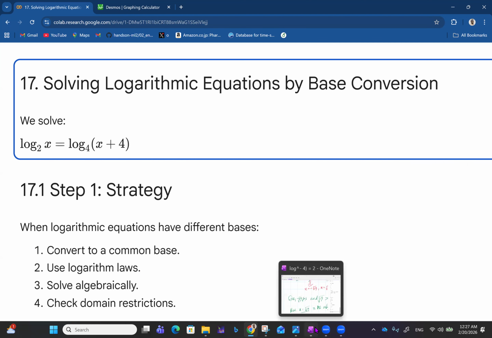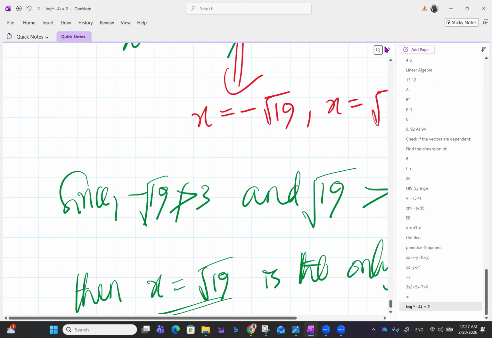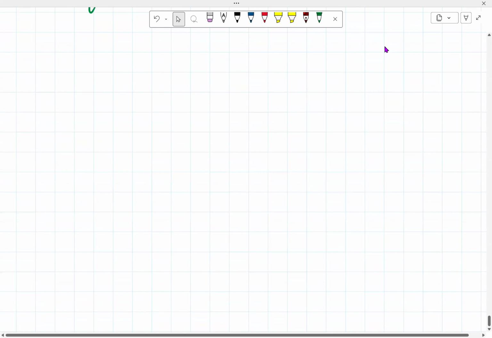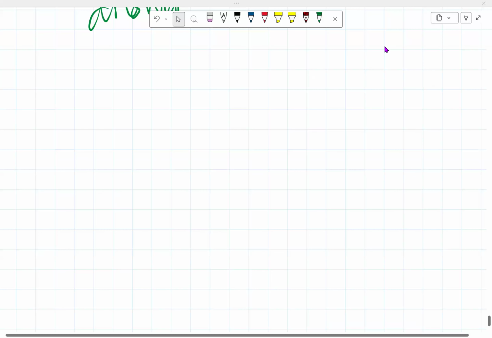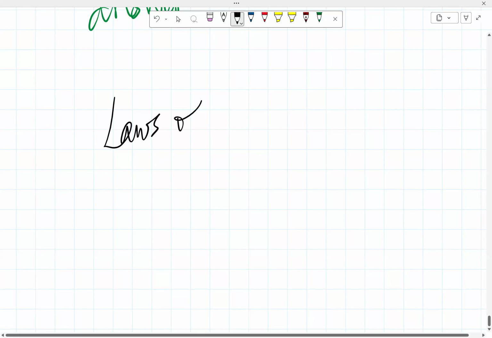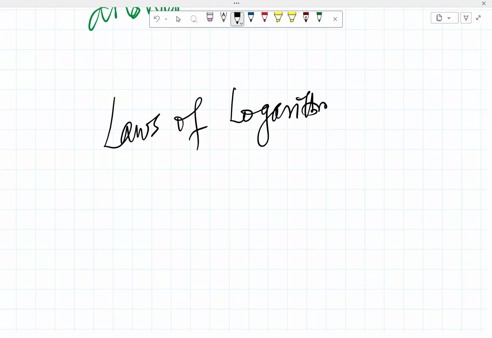So by way of reminder, let's remind ourselves of the laws of logarithm. First, the product law: if you don't indicate the base, just take it as 10.